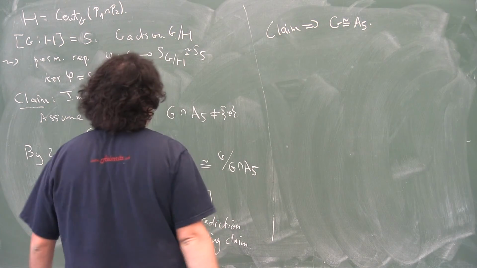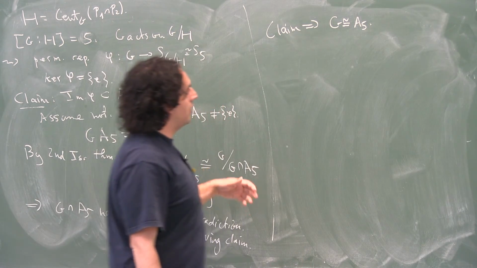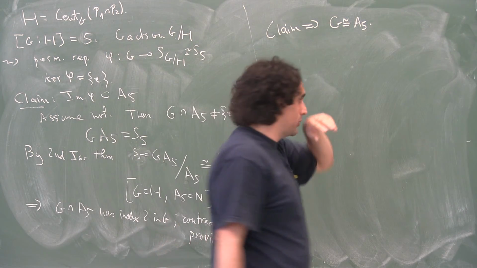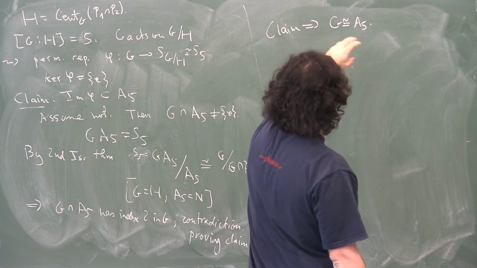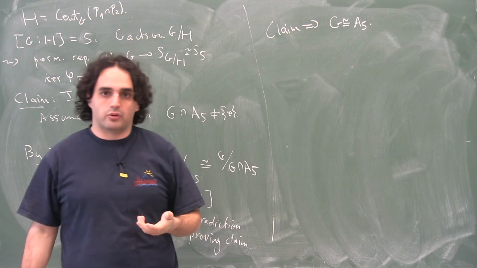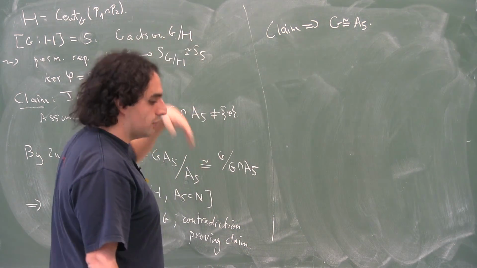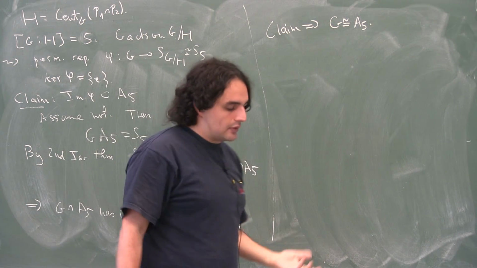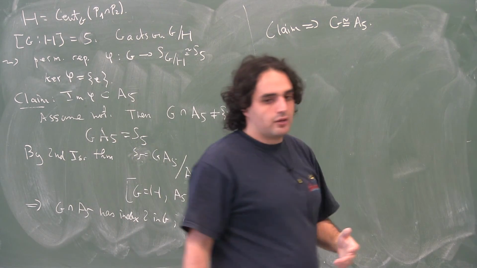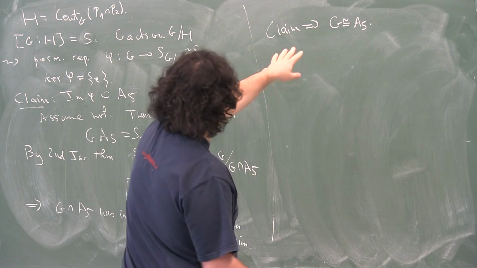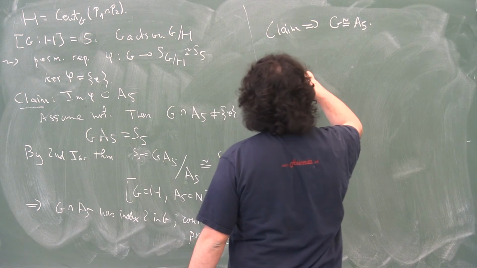Now, one thing we can do at this point is, okay, so we got the conclusion that we want. Or another thing we can do is say, well, wait a minute, in A5, I can compute the number of 2-Sylow subgroups. This is an exercise, again, with permutations. And you see that the number of 2-Sylow subgroups in A5 is actually 5. So that's a contradiction. Let's just stick with this because it goes faster.